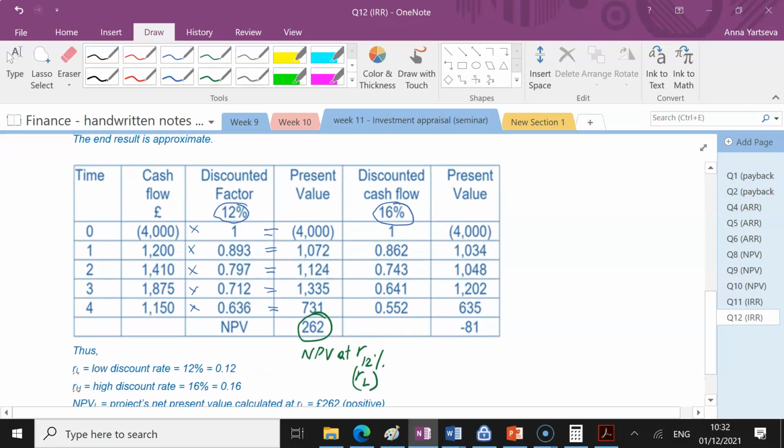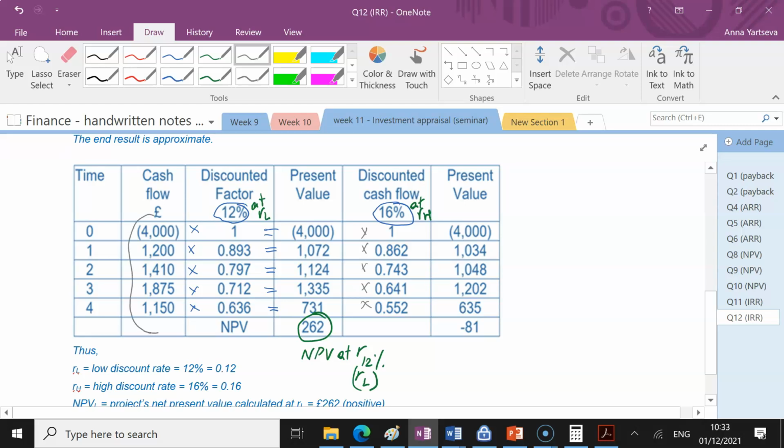It's a lower rate, right? Now we need to do the same. This is the low rate, RL, and these are discount factors at RH, the high discount rate. Now we need to do the same with the high discount rate. So if our discount rate is 16%, for example, this will be a set of our factors, and we do the same thing.